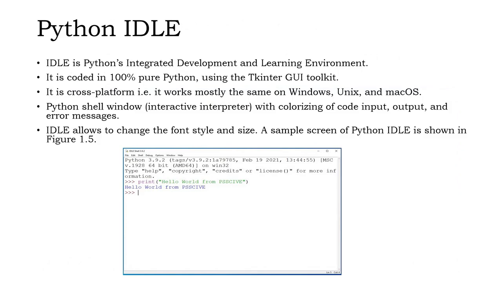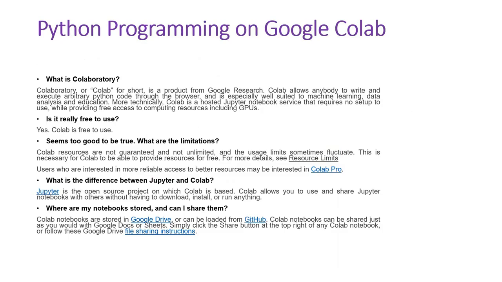If you are following the base version of Python, that is IDLE, Integrated Development Learning Environment, it will look like this. Otherwise, you can use Python on different IDEs and GUI editors like Jupyter, PyCharm, Spark. These are different editors that we can use for Python programming.